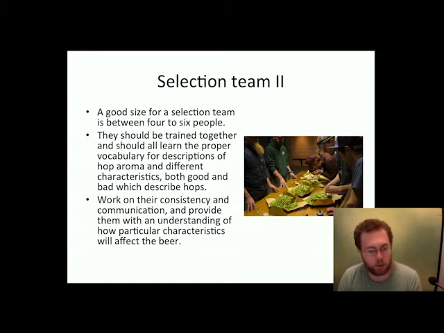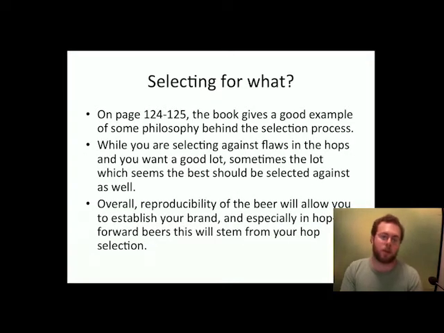So you'll want to know if the hops you're getting will be reproducible, so that you can have a consistent product in the future. So what are you selecting for? On pages 124 and 125, the book gives some examples behind some of the philosophy of your selection process, like I mentioned a little bit in the last slide.